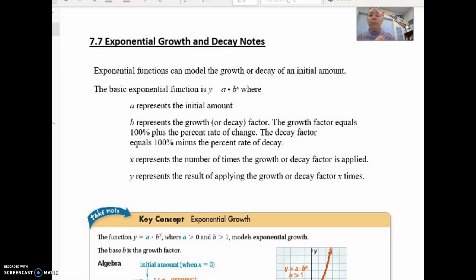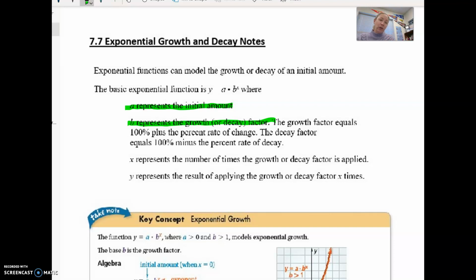So what we want to remember here is that a is going to represent your initial amount. B is going to represent your growth or decay factor, depending on what's happening. So the growth factor is going to equal 100% plus the percent rate, and the decay factor is equal to 100% minus the percent rate.